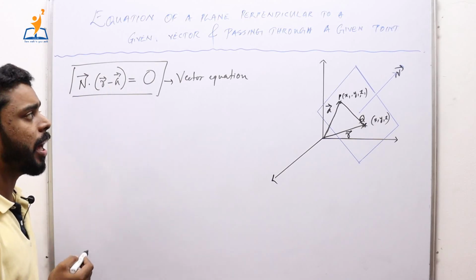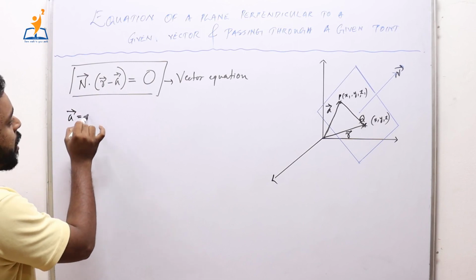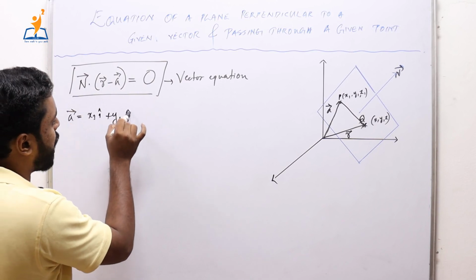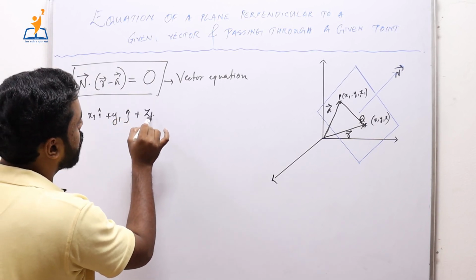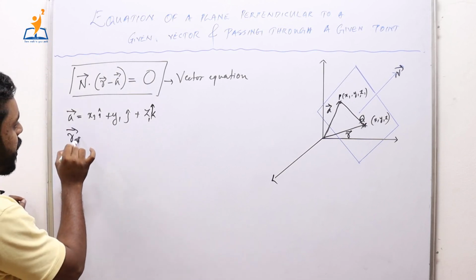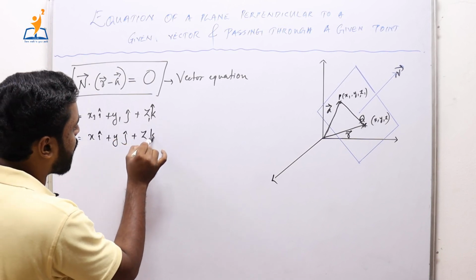Now we shall derive the Cartesian equation. We know that a is nothing but x1 i cap plus y1 j cap plus z1 k cap, isn't it? Now r is nothing but x i cap plus y j cap plus z k cap. Why?